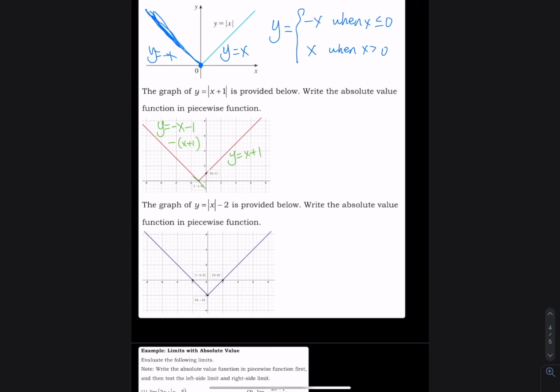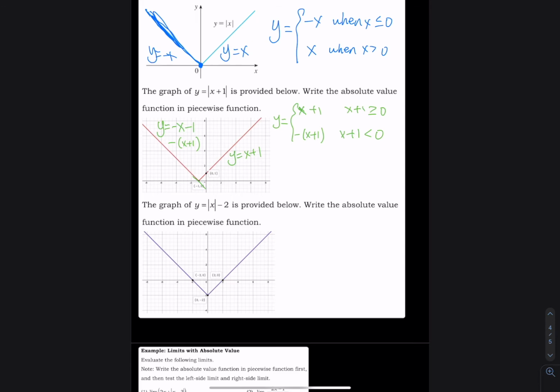All right, so we have y equals x plus 1 when x plus 1 is greater than or equal to 0. And then this is negative x plus 1 when x plus 1 is less than 0.